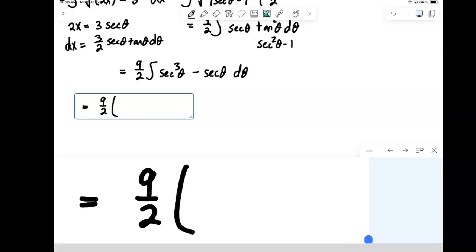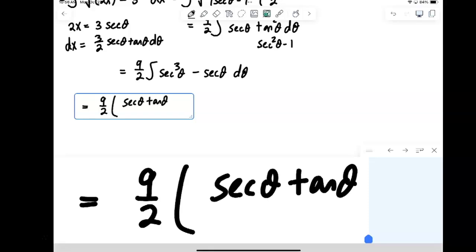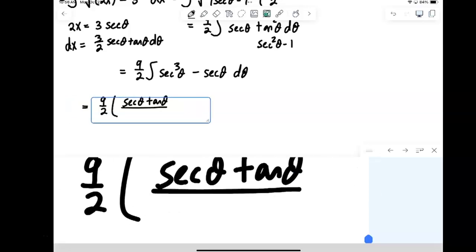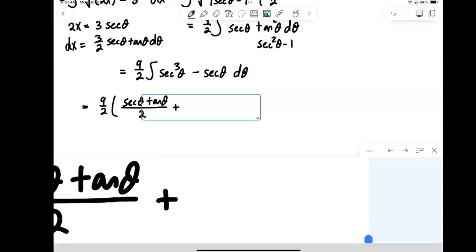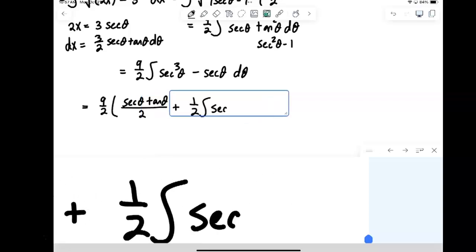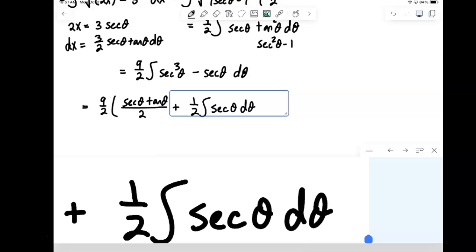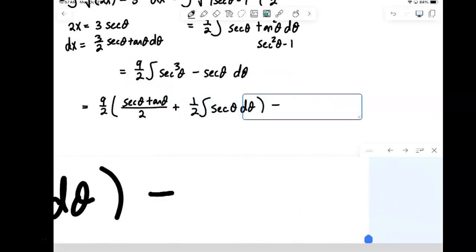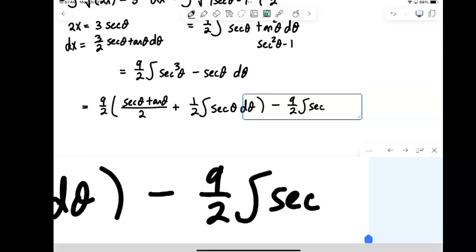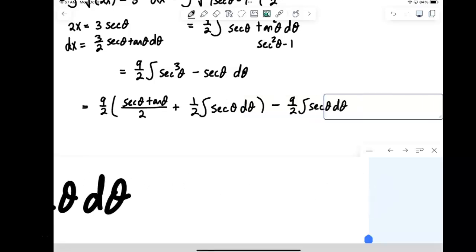Now in our problem, using our reduction formula for secant, this would be 9/2 times secant, dropped by 2, tangent, over 3 minus 1, which is 2, plus 1/2 integral of secant 3 minus 2, so secant theta d theta. And then don't forget that this is also minus 9/2 the integral of secant theta d theta.